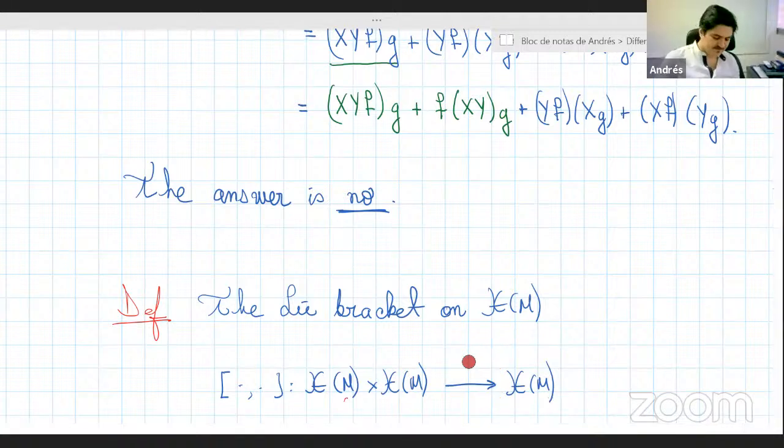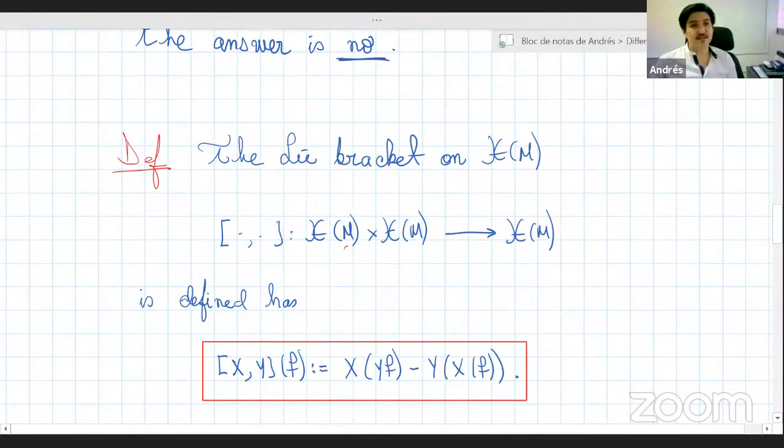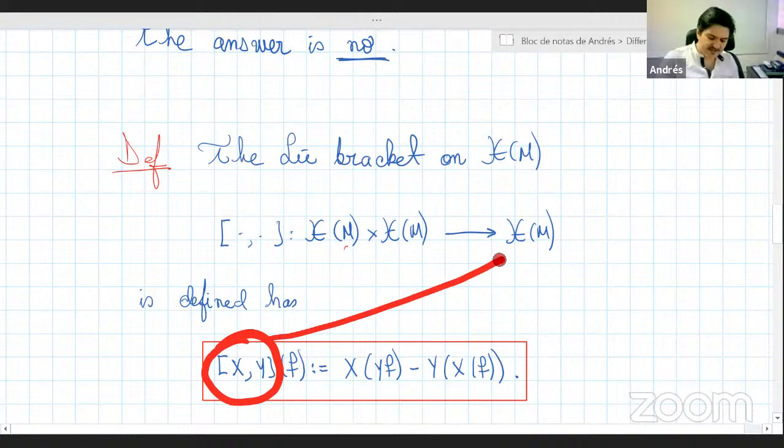And this Lie bracket is defined as follows. On the smooth functions, it is basically the commutator, X times Y minus Y times X. And in fact, this is a vector field. It lies in here.